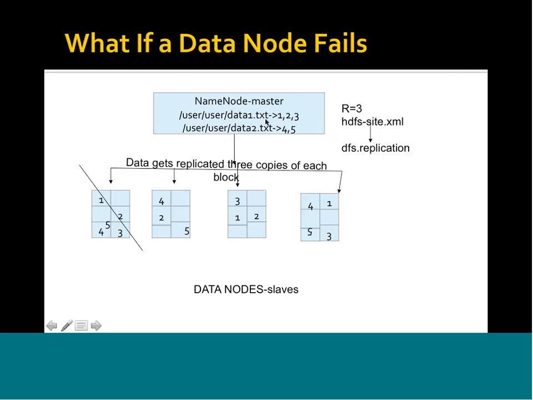One is data1.txt, second one is data2.txt. Okay, see, it does it with striping with parity also, David, right? But replicas are considered as much better because you will have duplicate copies distributed across different data nodes.